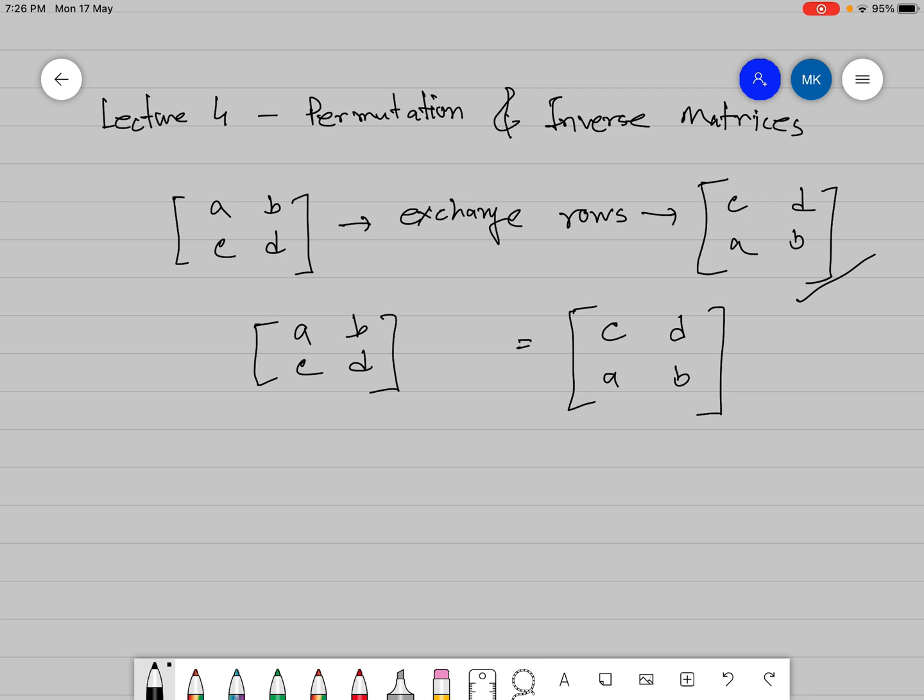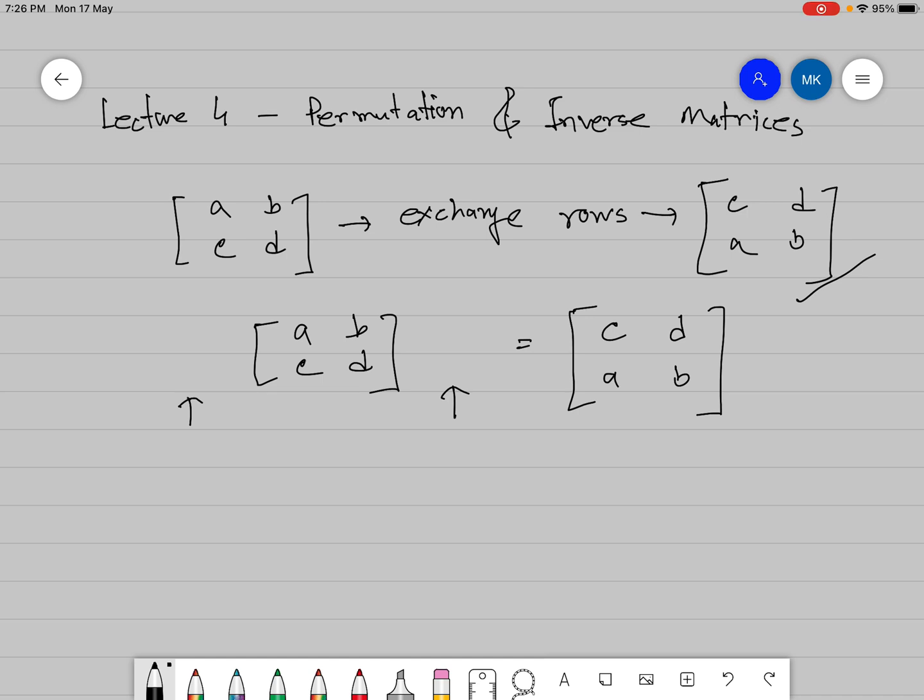So in which position should I multiply, here or here? In the previous class we know that if you want to do some row operation, we'll have to do the multiplication at the left side, okay?